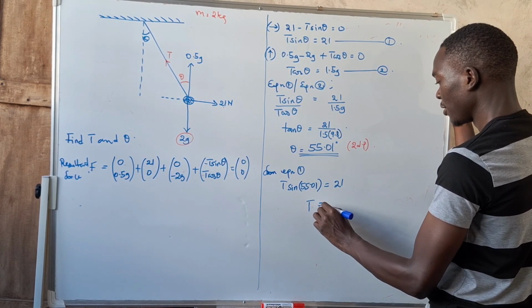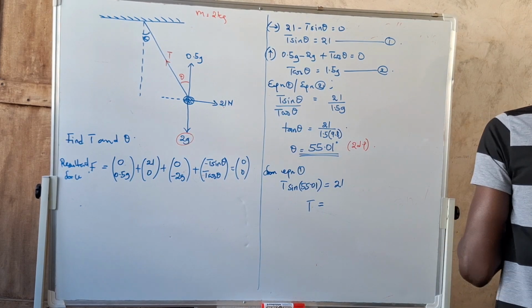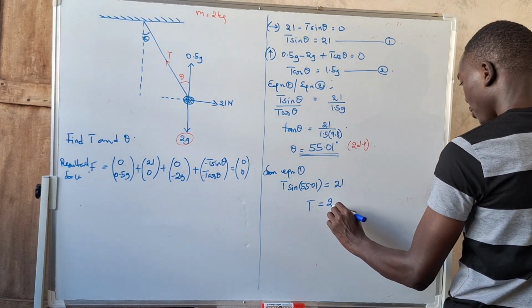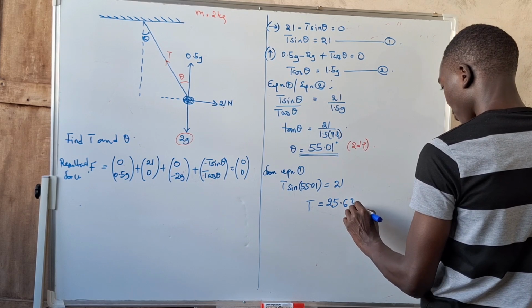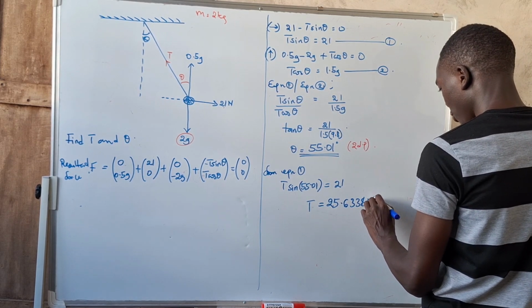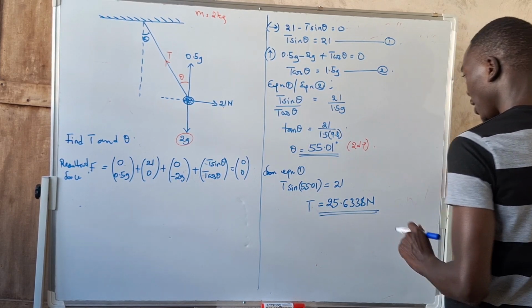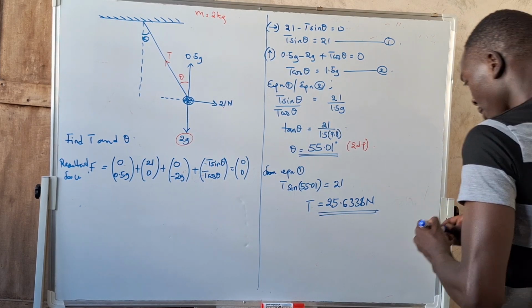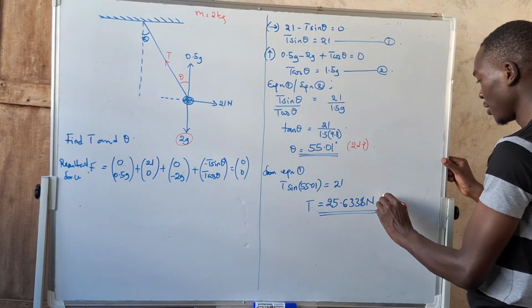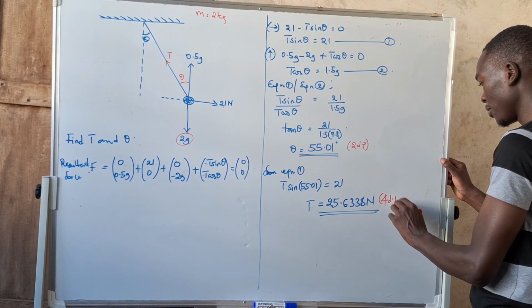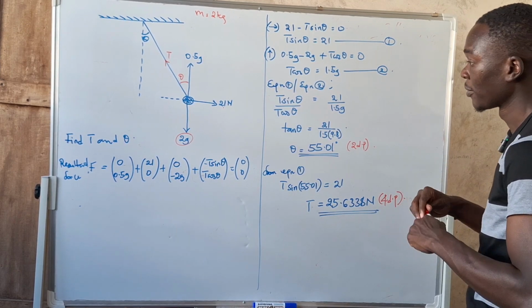Solving this, you get the tension as equal to 25.6338 newtons. This will be your tension.